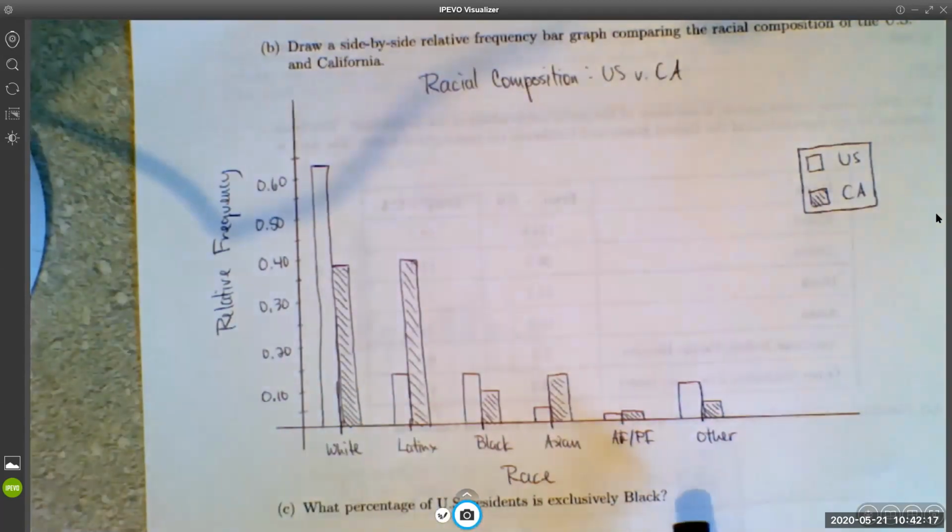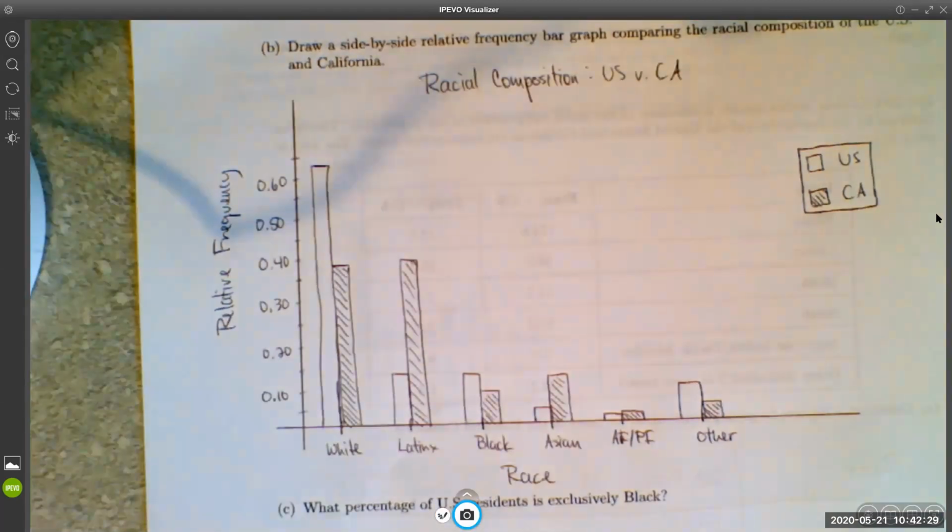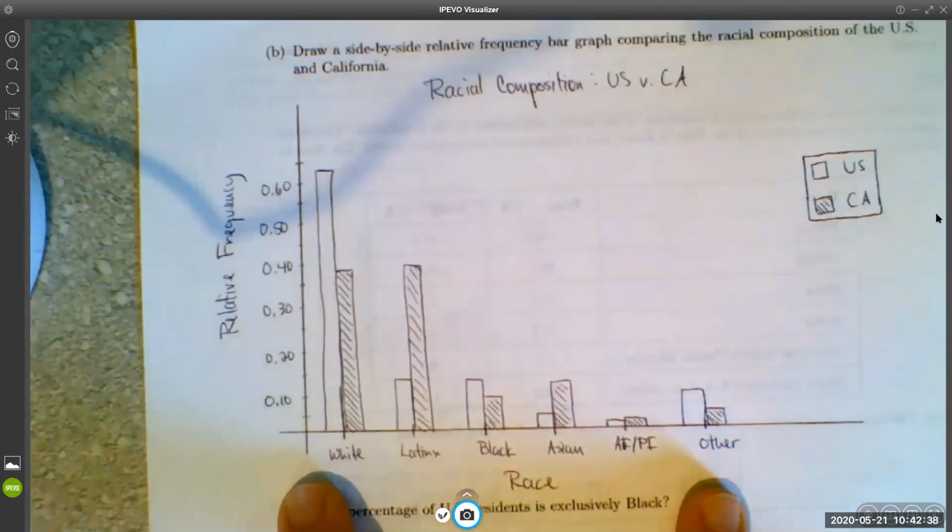But if you're living in California, then you see that actually there are as many Latinx people as white people. And of course, this depends on where you are in the United States. It depends on where you are in California. But as a general rule of thumb, this is the case.